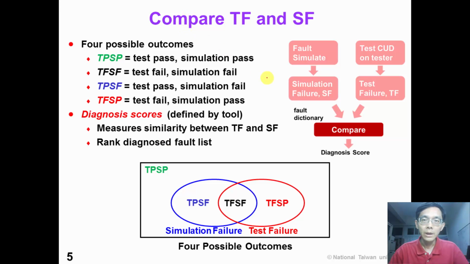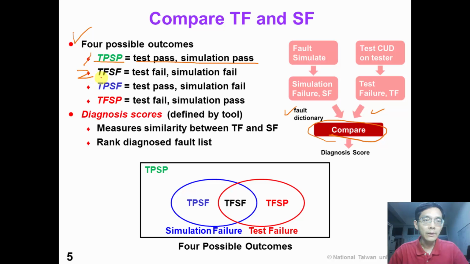Now that we have a fault dictionary and we tested the circuit on the tester, so we also have test failure, we can compare simulation failure with our test failure. There are 4 possible outcomes. The first one is TPSP, test pass, simulation pass, which means the circuit passes on the tester and also in the simulation.